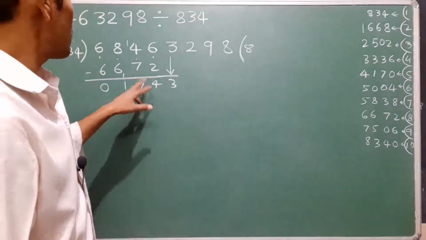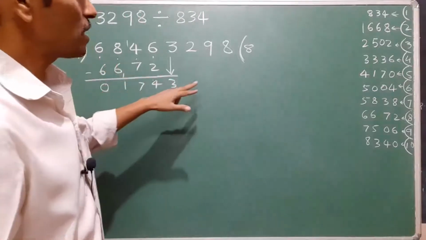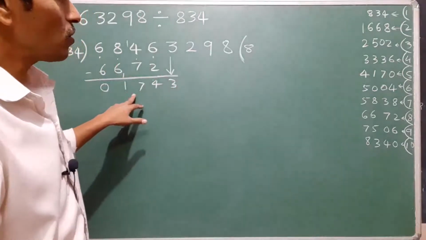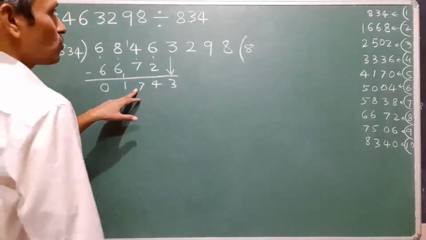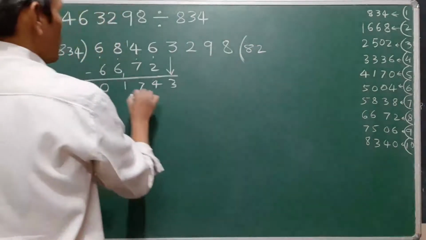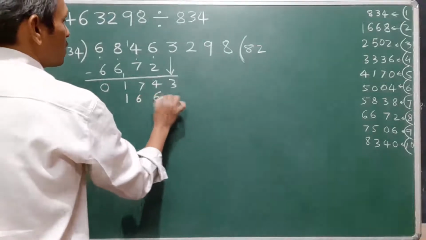2502 is there, which is 834 3s, greater than this one. So less than this one is 834 2s, which are 1668.